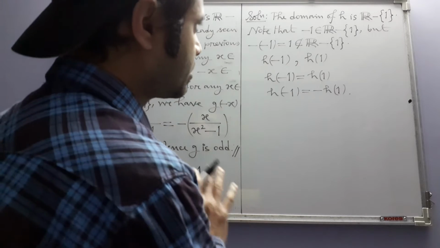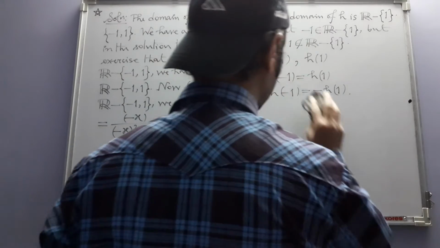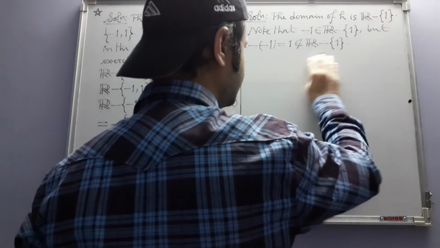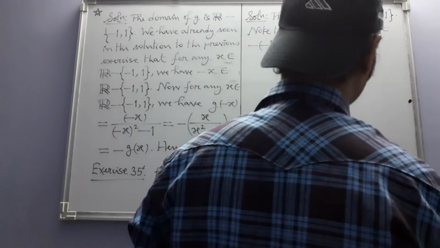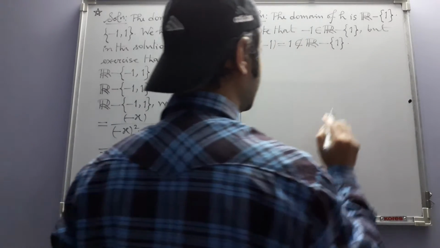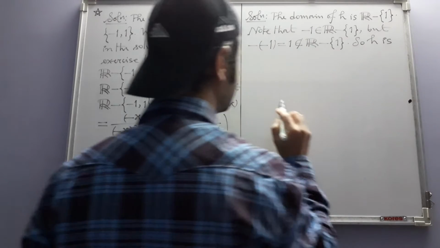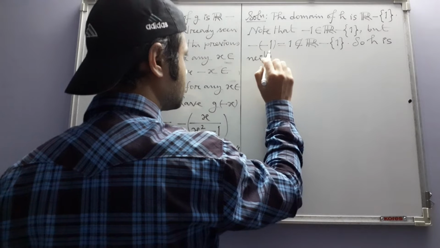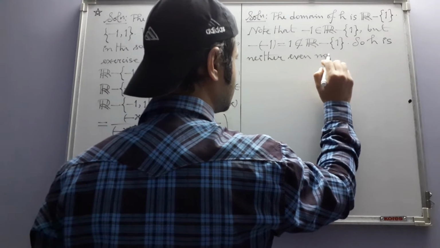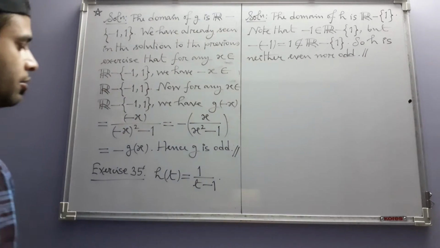So that's why this function is neither even nor odd. The definition of evenness and oddness does not apply to this function. In that case also we say it's neither even nor odd. So H is neither even nor odd.